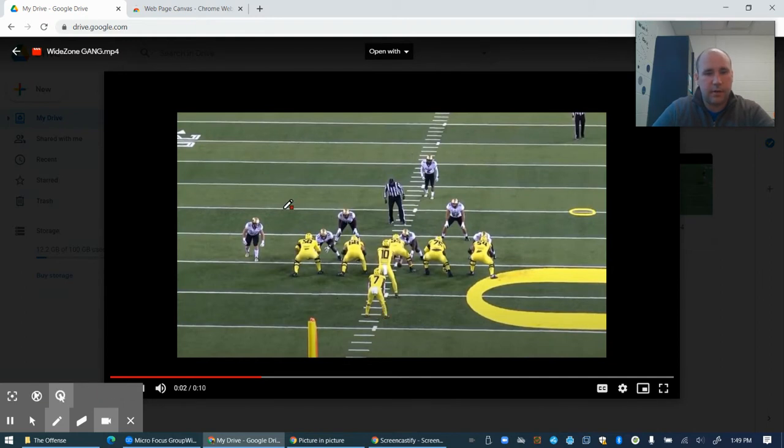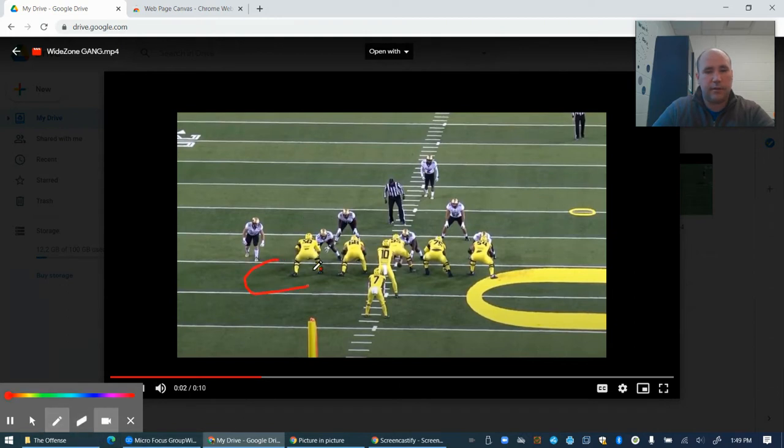What is it? So with wide zone to the left over here, we are going to aim anywhere outside the tackle with the running back, right? Now, I like to talk about my aiming point based off the tight end because we could have a tight end over here and it's still the same play.